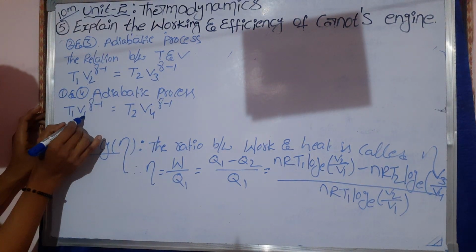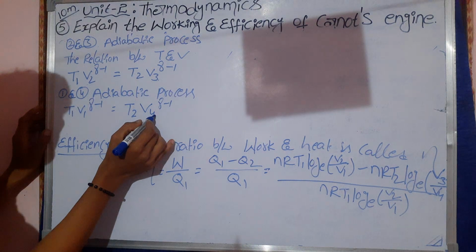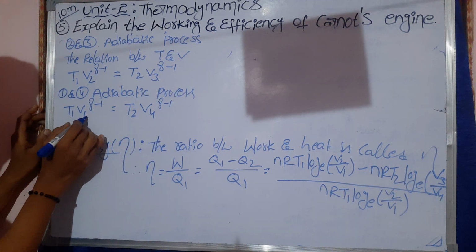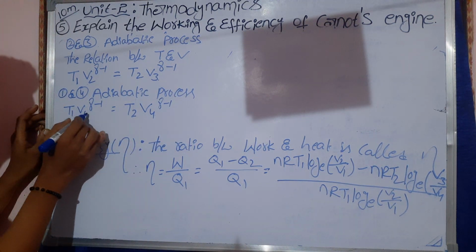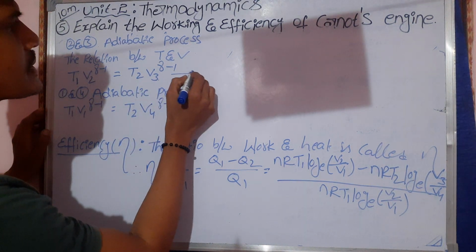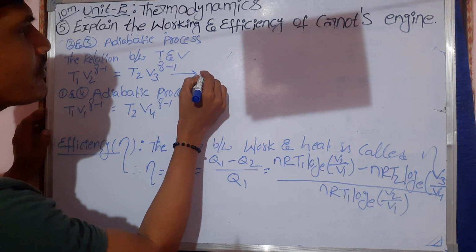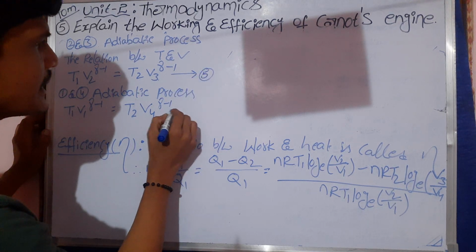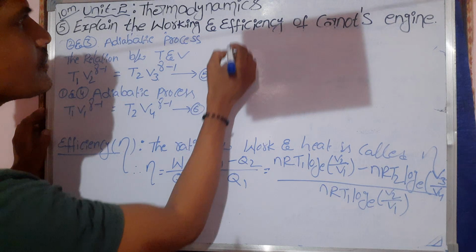So 1 means volume V1, 4 means volume V4. This is the temperature and volume relation, TV power gamma minus 1. So these both equations: this is equation number 5, and this is equation number 6.